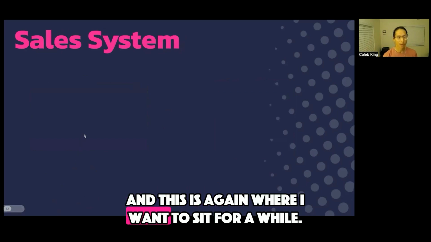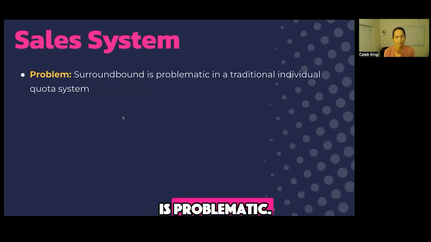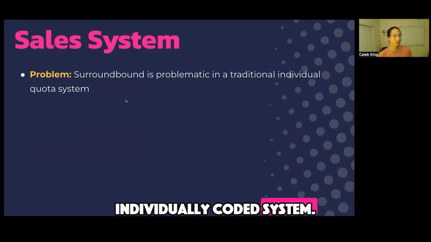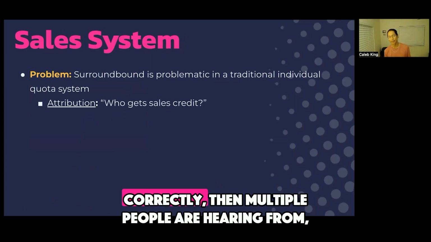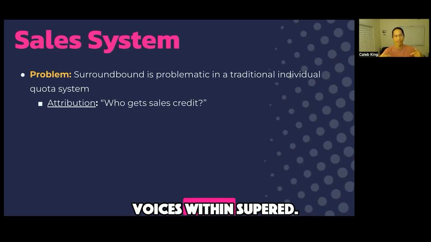So let's move over from the methodology over to the system, right? And this is, again, where I want to sit for a while. SurroundBound as a methodology is problematic. It's very problematic in a traditional individually quoted system. Why? Because of attribution. It's dark funnel focused. If we're doing SurroundBound correctly, then multiple prospects are hearing from multiple voices within Supered.